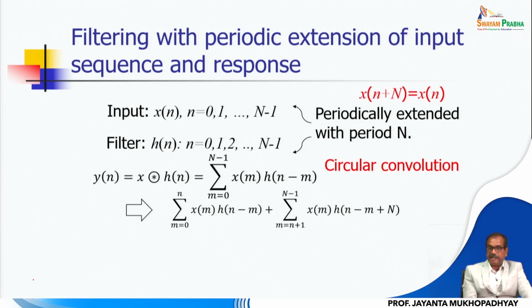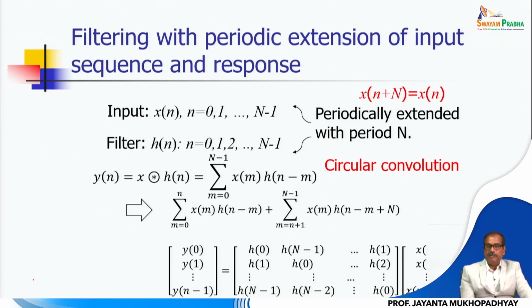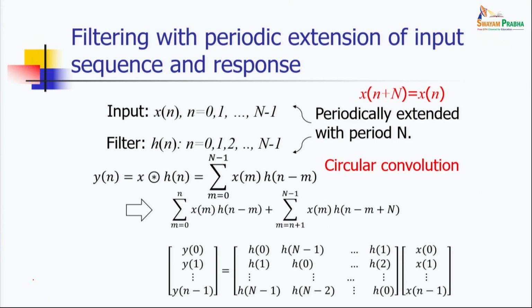Now this can also be expressed in terms of matrix multiplication. So this is the column vector, and here we have a column vector of length N, and you get also a column vector of length N, because you are getting only the response for a single period.